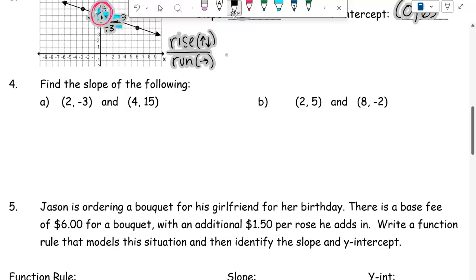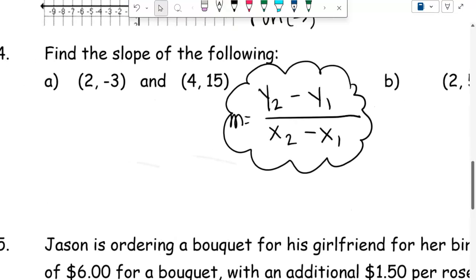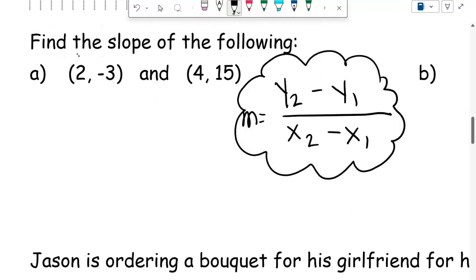The last way we found the slope was using 2 points, and we had a formula for that. It was y2 minus y1 over x2 minus x1. This is the formula we're going to be using. So when we do this, we can label our points. Pick a point to be x1, y1, pick a point to be x2, y2, and all we have to do is substitute in.